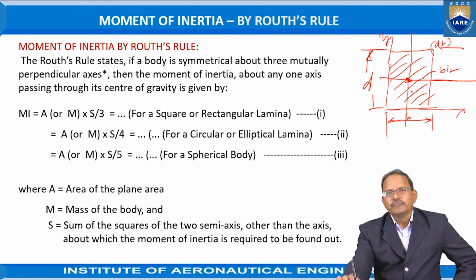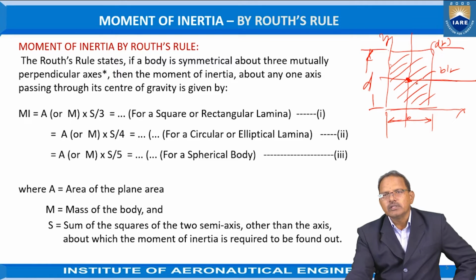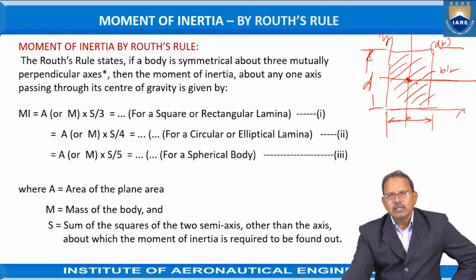This is about an axis perpendicular to these two and passing through the center of gravity of the object, divided by 3. This equation is only applicable for determining the moment of inertia of a square or rectangular lamina or plate which has uniform thickness.